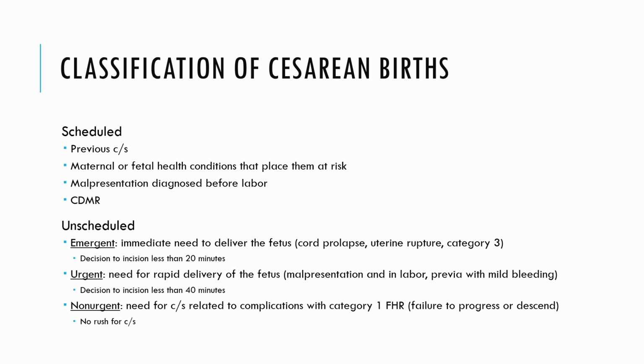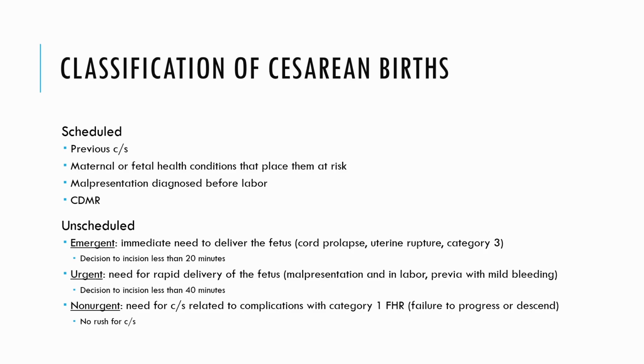If they have a breech baby diagnosed before they go into labor, or CDMR, which is cesarean delivery per maternal request. Like mom's like, nope, I don't want to have a vaginal delivery, I want to have a C-section.